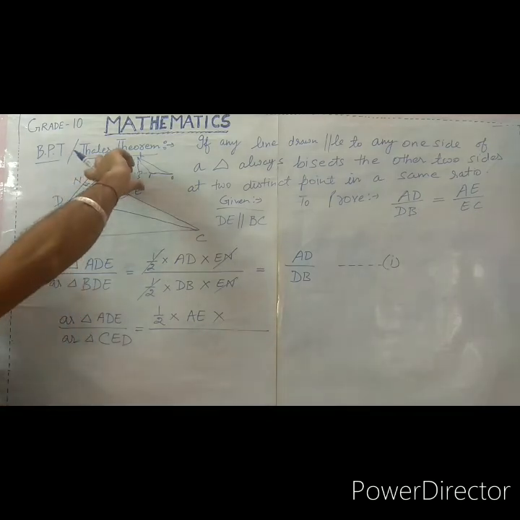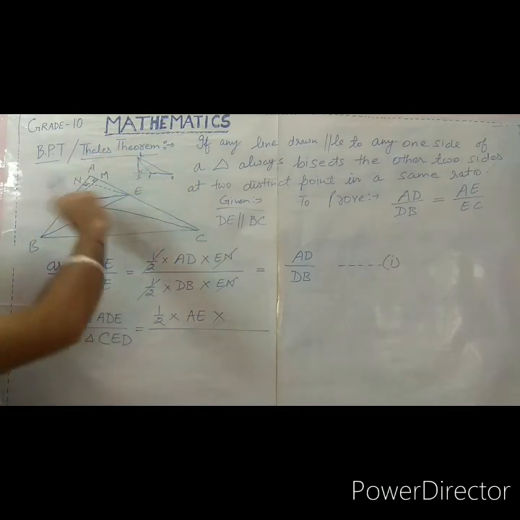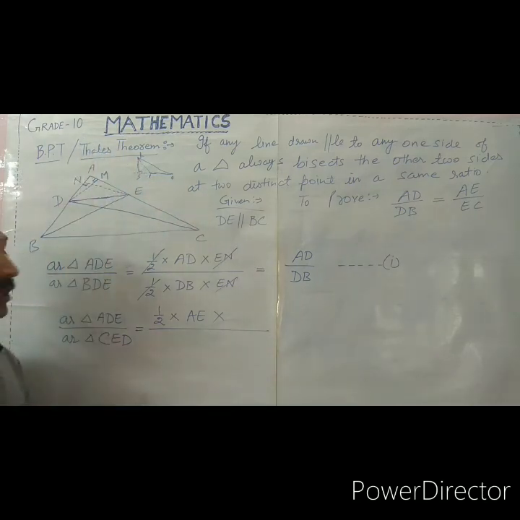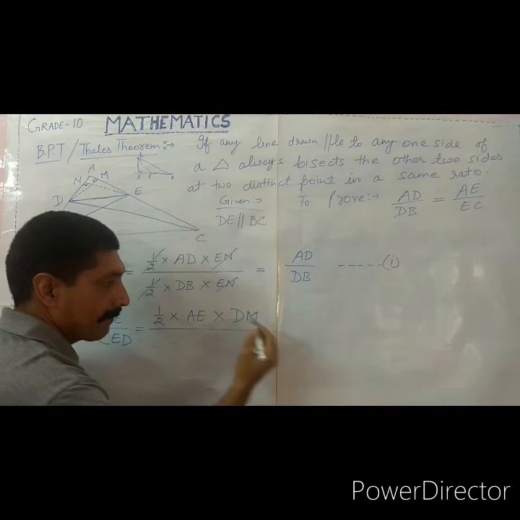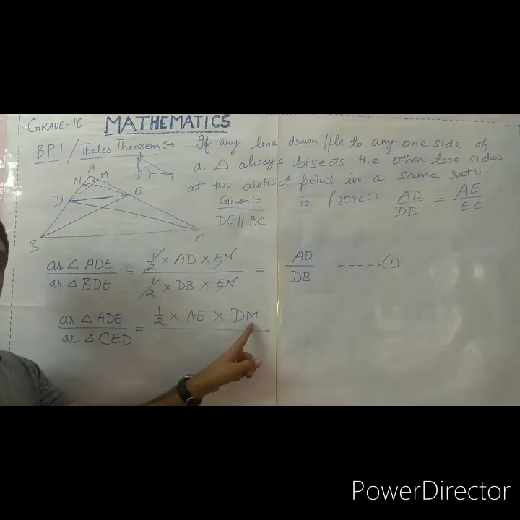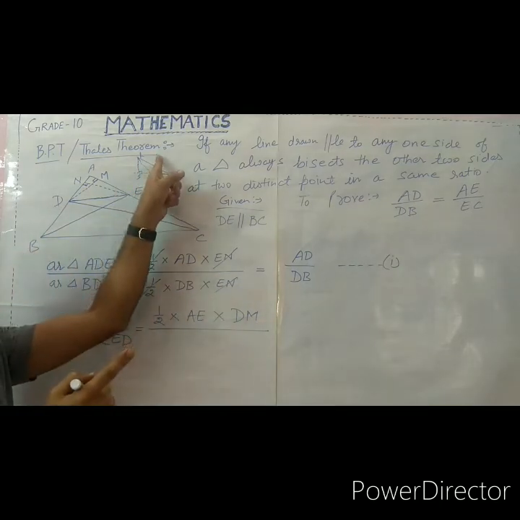If I am taking the base of the triangle ADE as AE, its corresponding altitude will be DM. I have explained here.